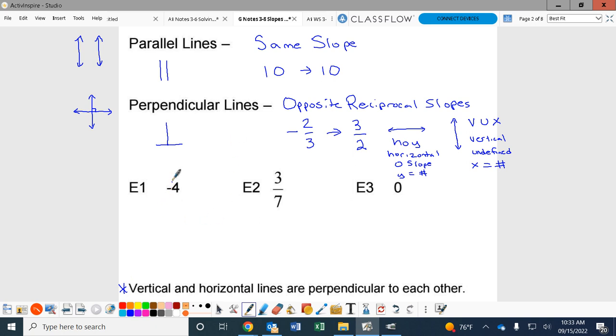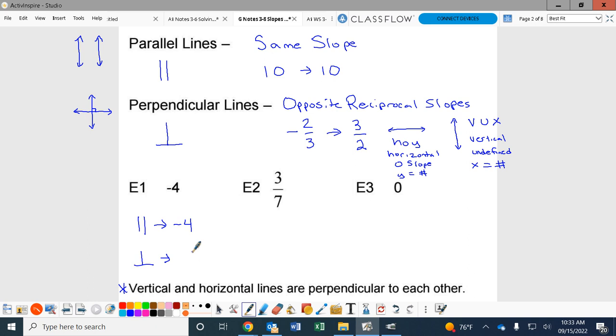Here we go. If you start off with a slope of -4 and you want a line that is parallel to this, what would the slope of the new line be for parallel? -4, because it's got to be exactly the same. Good. If you wanted a line that is perpendicular to that, we have to turn it over.